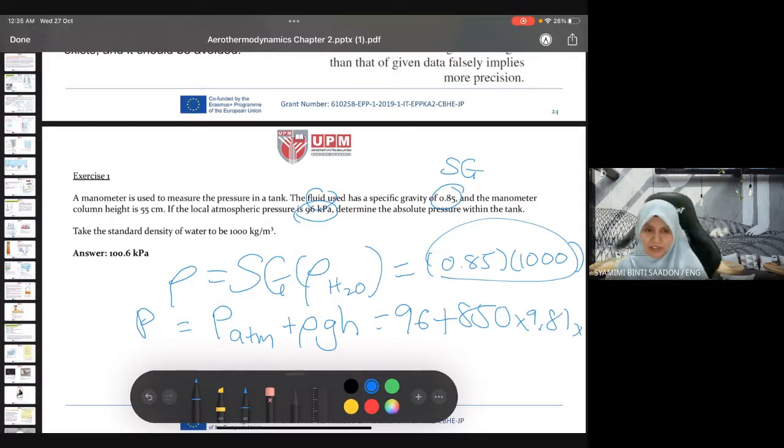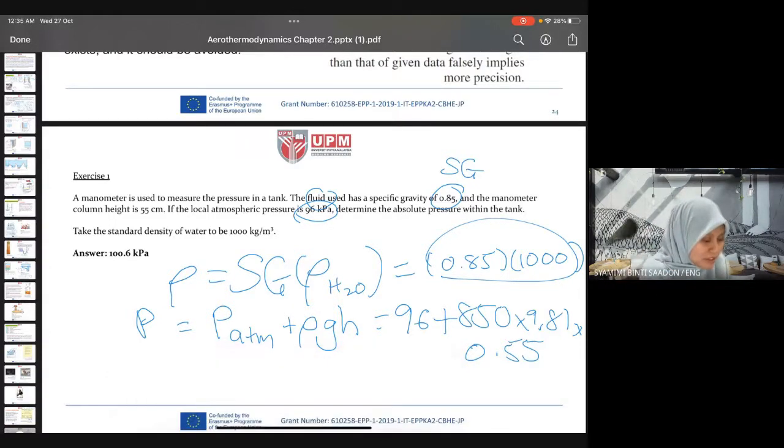The height given here is 55 centimeter, so we use meter, the SI unit, which is 0.55 meter. So you get the answer, the pressure, which is 100.6 kilopascal. You can also write it in pascal, whatever. Pascal or kilopascal. So that's all.